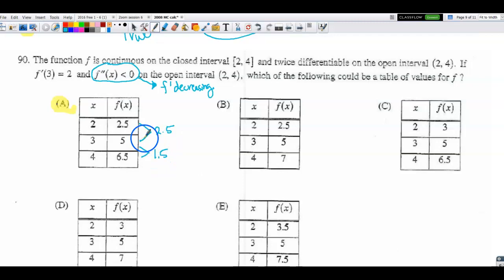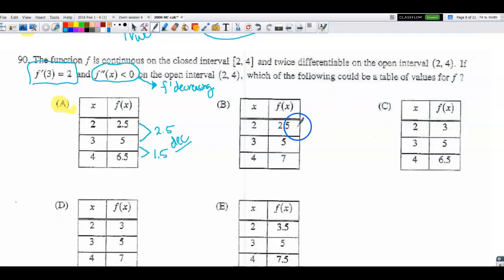And so if the derivative at 3 is 2, well, that makes sense because here's 3 right here. The slope at 3 being 2 is somewhere between 2.5 and 1.5. We also notice that these first derivative values are decreasing.